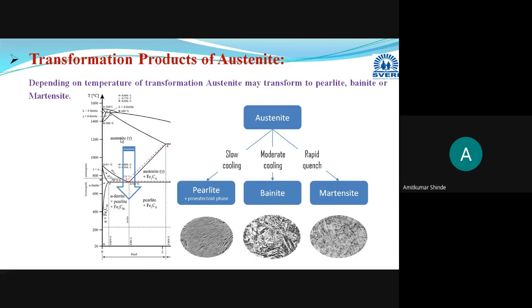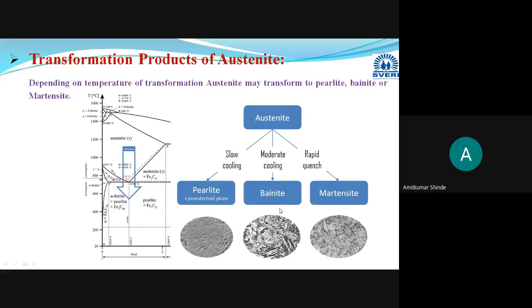From that austenite phase, depending on the cooling rate used, this austenite will get transformed into different phases or different structures.